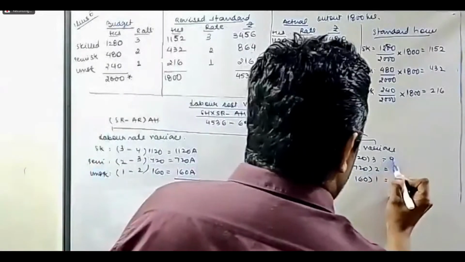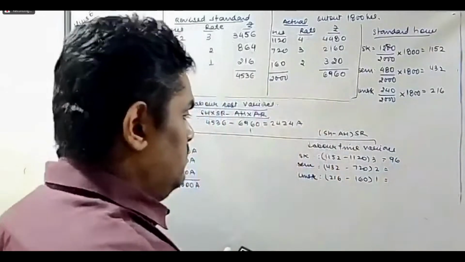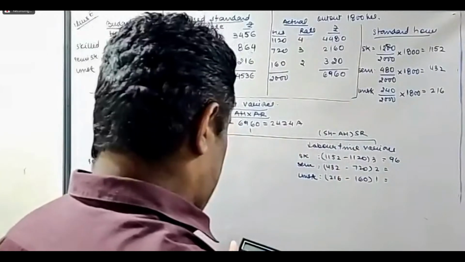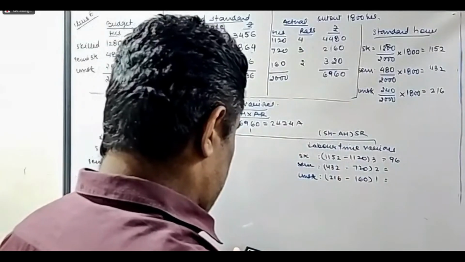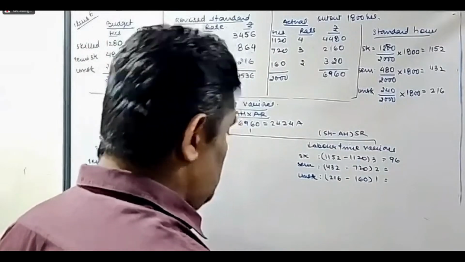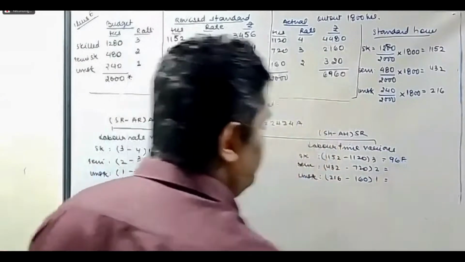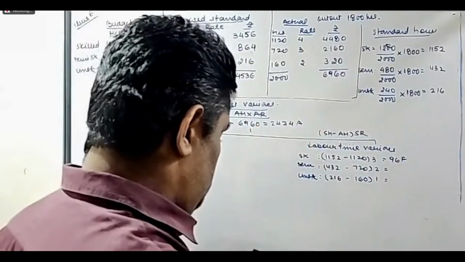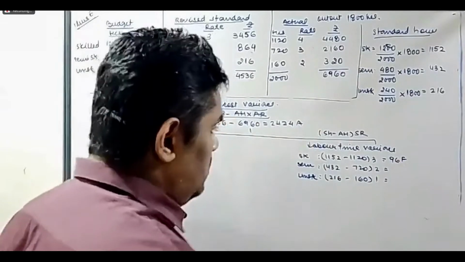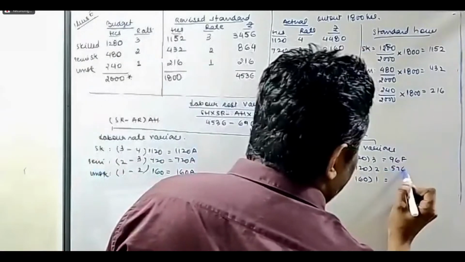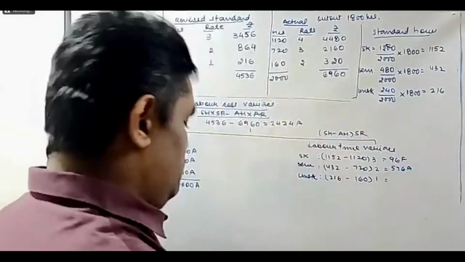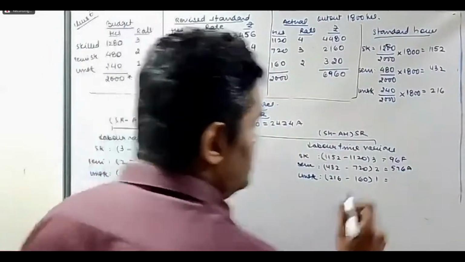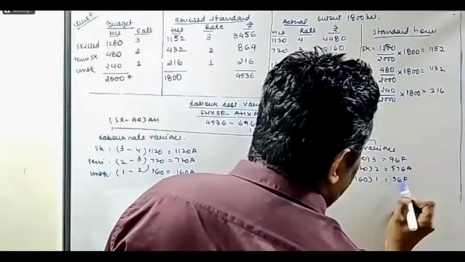So this will be 96. This will be 96 favorable. This will be 576 adverse. This will be 56 favorable.